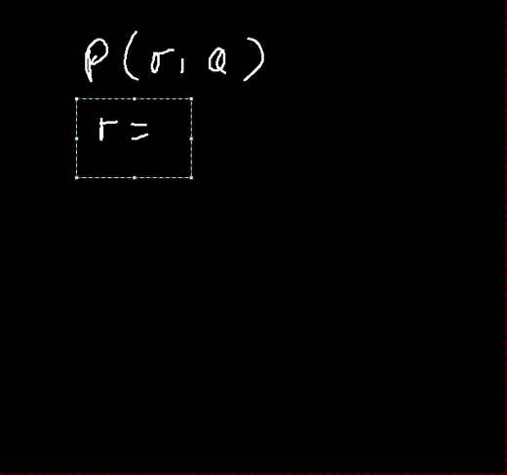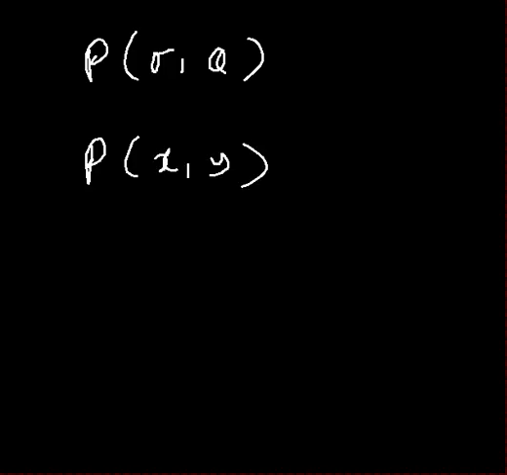In terms of the rectangular coordinate system, a point B is given as x, y.